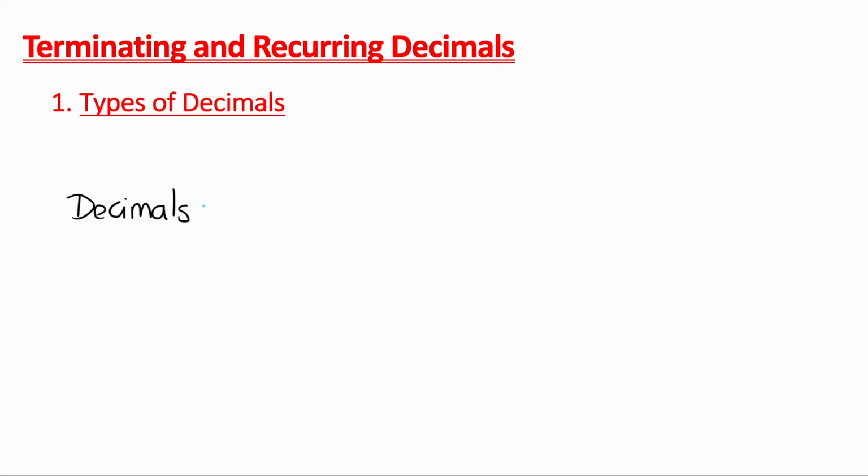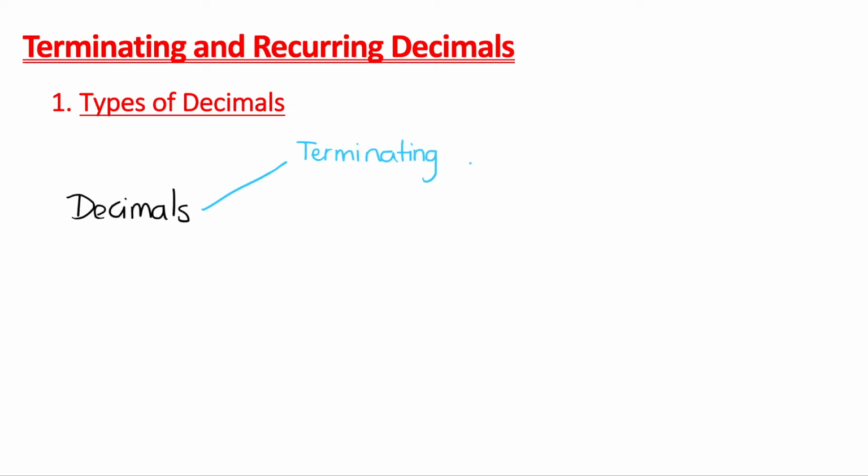So one type of decimals is, let's say, the normal type, the one that is most common, that is terminating decimals. And terminating decimals maybe are more common in the examples or exercises that we do.